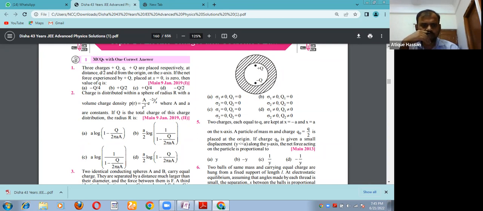If the net force experienced by plus q placed at the origin is 0, then the value of q is. So the situation is three charges are placed at the origin, d by 2 and d on the x-axis, one of the plus q charges placed at the origin and two charges at d by 2 and d.